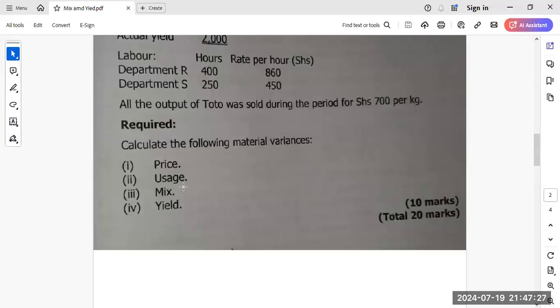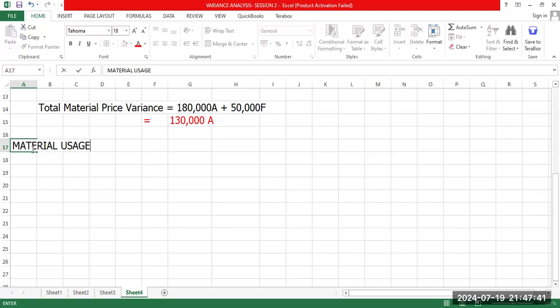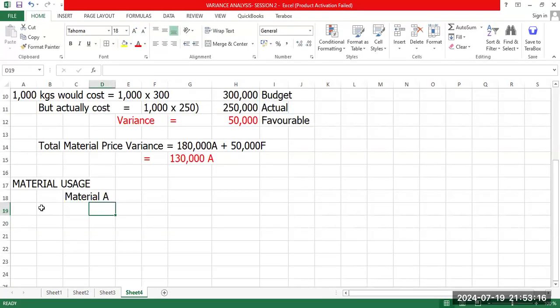Roman 2, we need material usage. For material usage, we apply the same concept. The fact that we are looking at different materials, we look at each separately. We are going to compare two things.